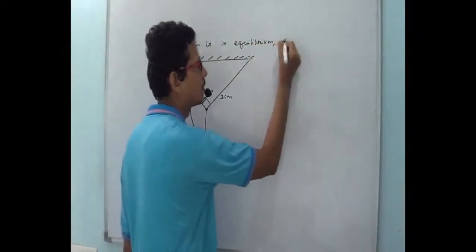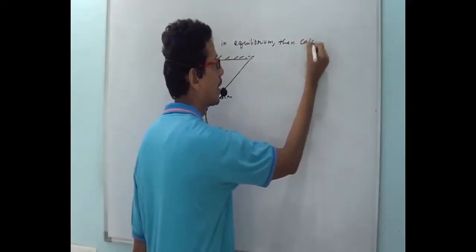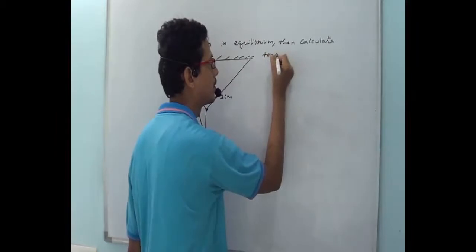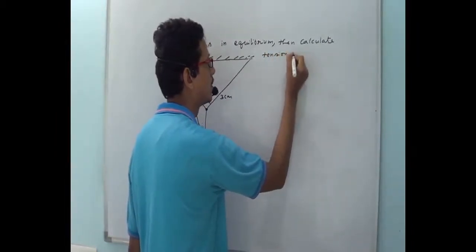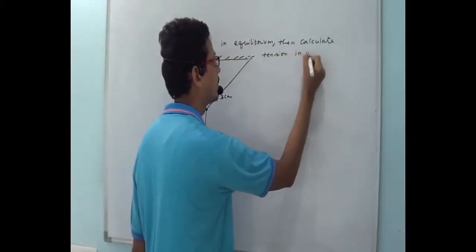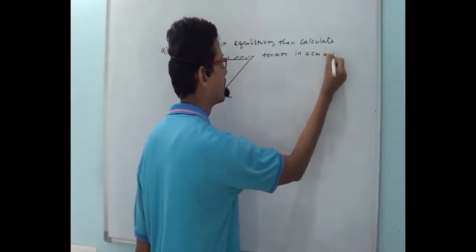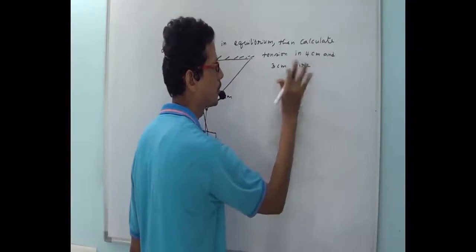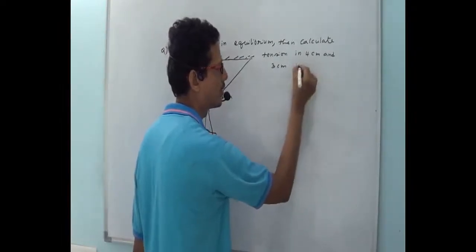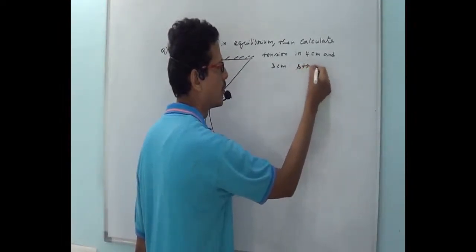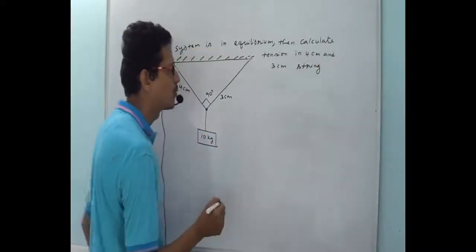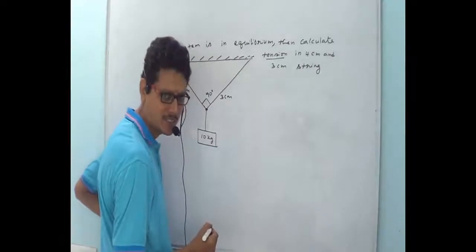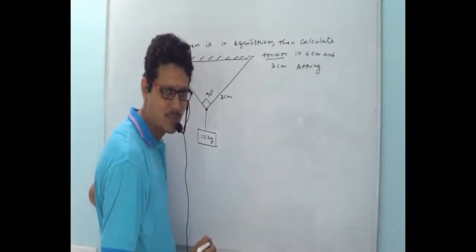Then calculate the tension in the 4 centimeters and 3 centimeters wire. The wire I can call a string. Tension is the force arising because of the stiffness of the string.